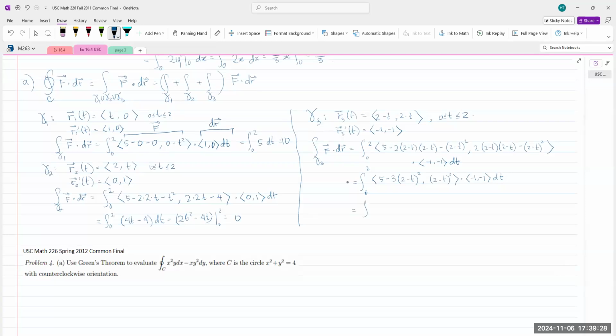That will be the integral from 0 to 2 of negative 5 plus (2 minus t) squared dt, which will be negative 10, I just do it fast, plus 1/3 times 2 cubed.